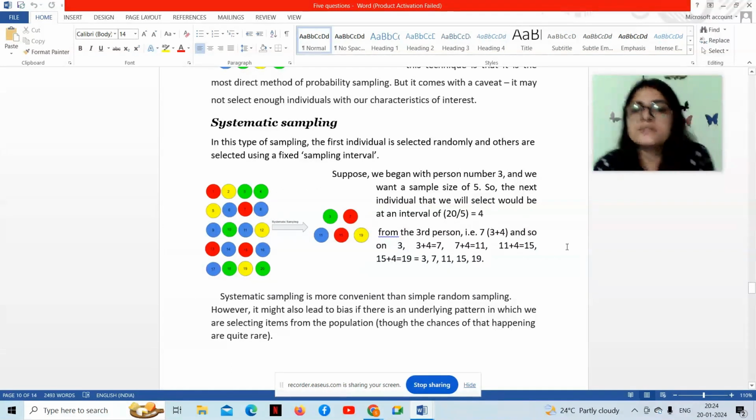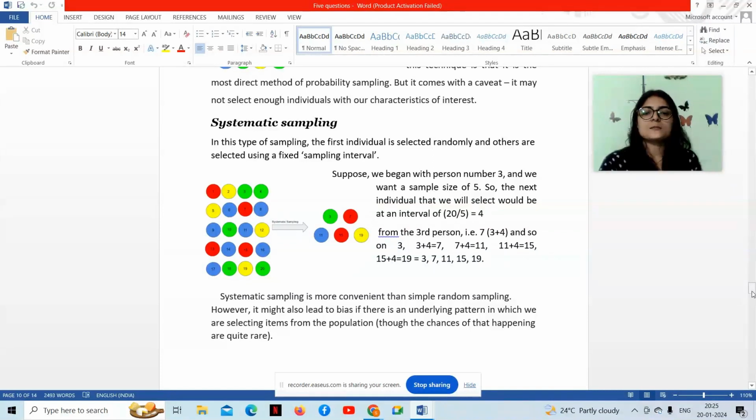So after every fourth interval, we will be choosing that particular individual for the sampling. So the third, and then after 3, the fourth will be 7th, then 11, then 15, and then 19. So it's systematic because we are choosing the sample after a certain interval.